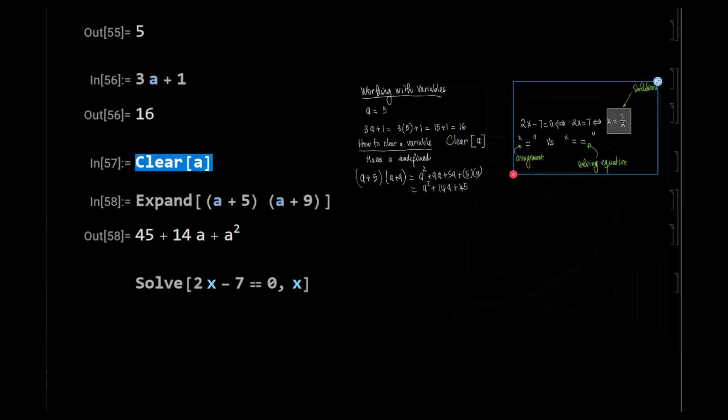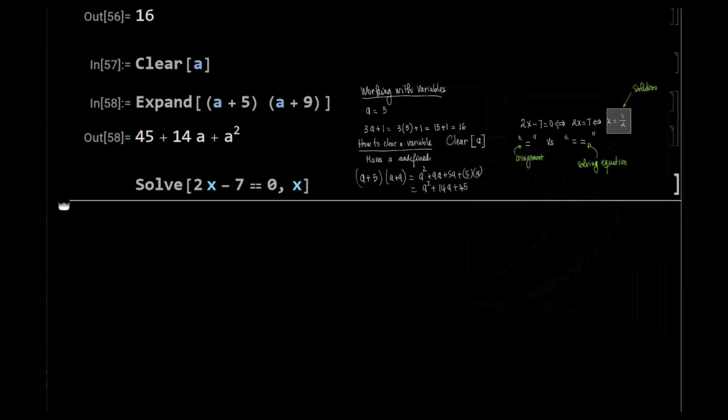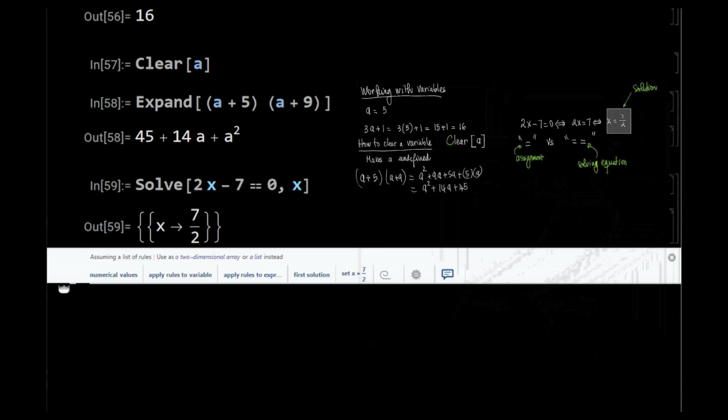However, when you want to solve an equation, the equality used here is not just one equal sign, but two equal signs. In any case, when you click Shift and Enter, you can see here that Mathematica returns 7.5, which is in fact the right answer.